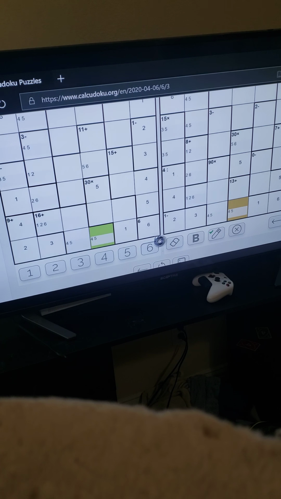Due to this 5 right here, this is going to be a 4, 5. Now right here, 4. So this is a 2. And then this is a 3.